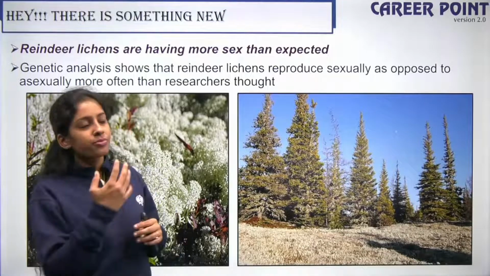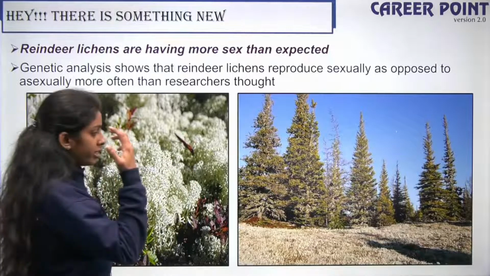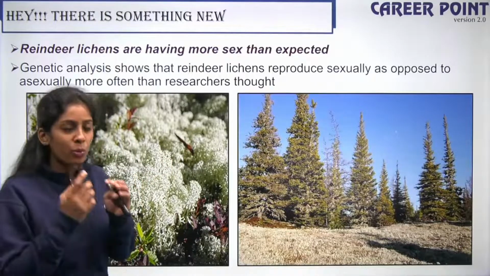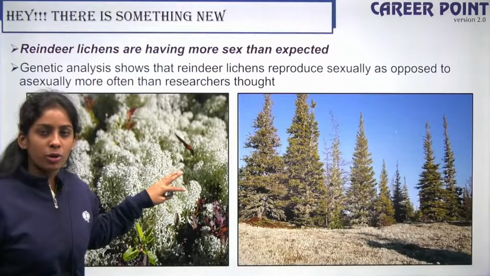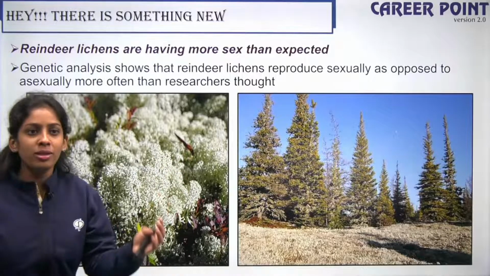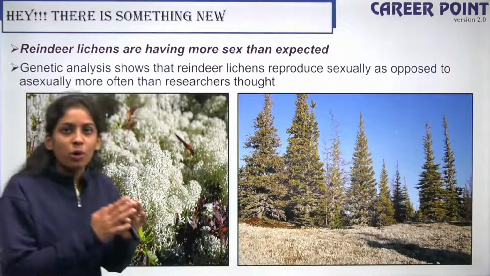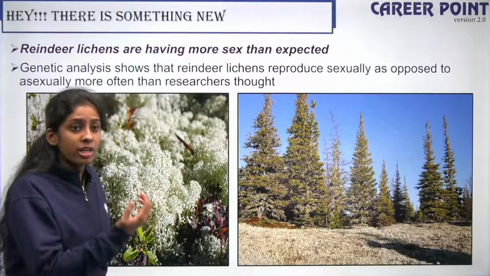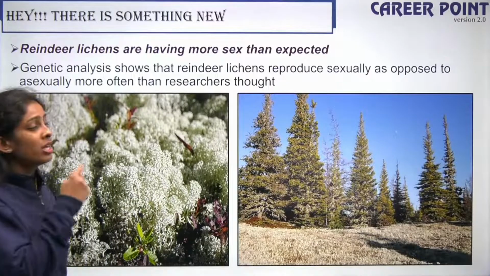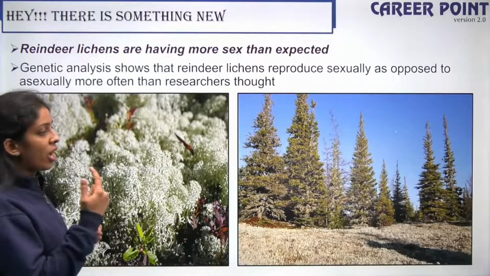So here you see how evolution is happening. They can reproduce asexually and sexually. When the environment is favorable, they reproduce asexually. When it is unfavorable, at rare conditions, they go for sexual reproduction. But now, in recent times, it has been found that they reproduce only sexually to obtain a very strong hybrid and to survive. So this is also the rate of evolution that you have to see, how the pattern is changing.